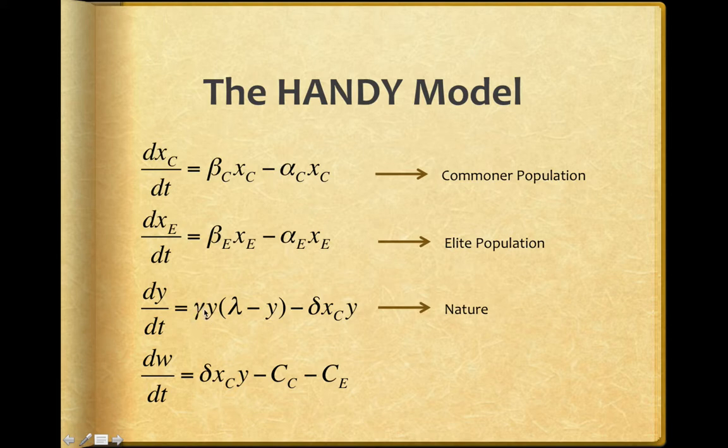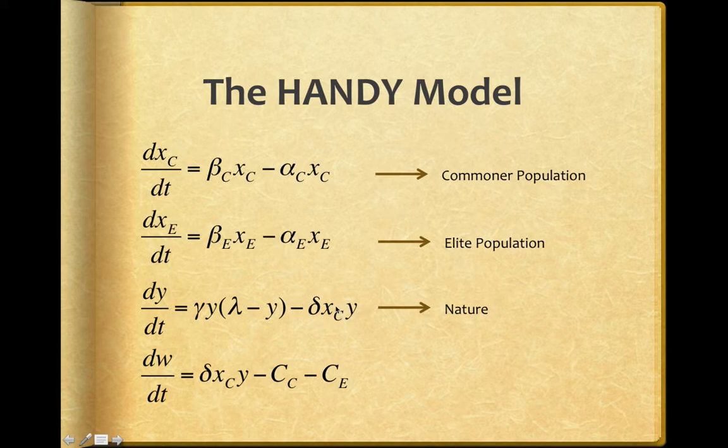You have a regeneration rate gamma times the nature stock, and also driven by the difference between the nature stock and some maximum nature capital or carrying capacity for nature. This lambda parameter is used to denote the value of nature in the absence of depletion. So that's the value of lambda.